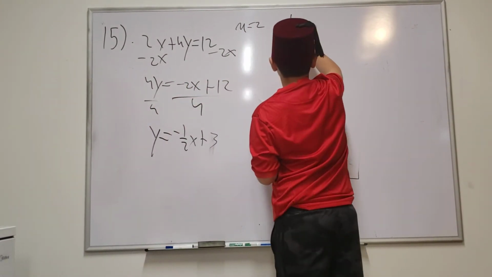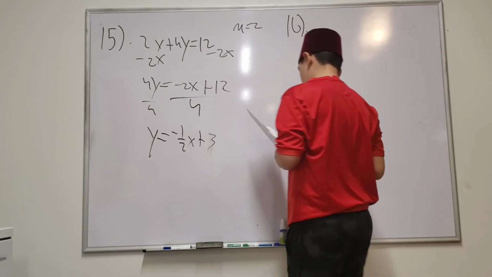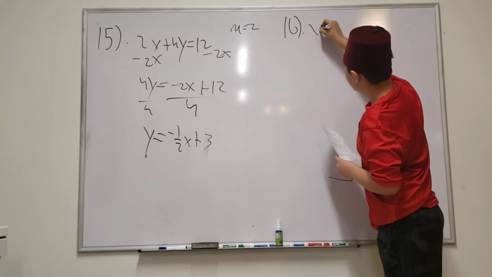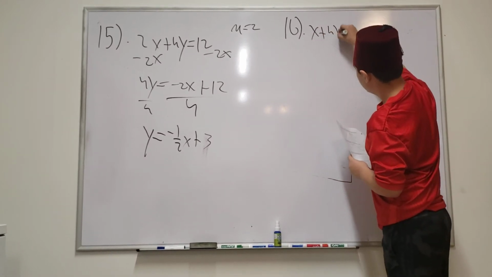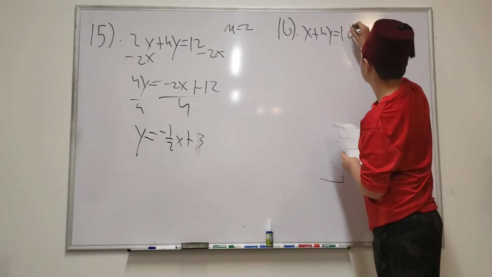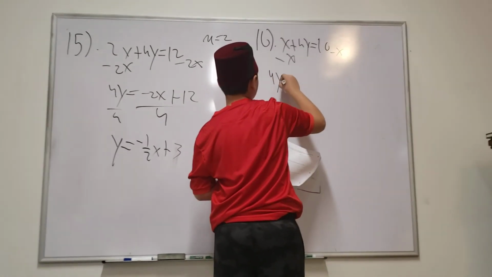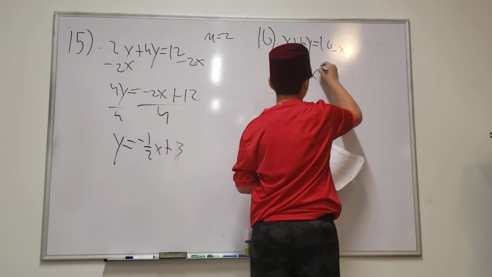Number 16. One more until graphing. So our equation is x plus 4y is equal to 10. So we're going to subtract x from both sides. That gives you 4y is equal to negative x plus 10.